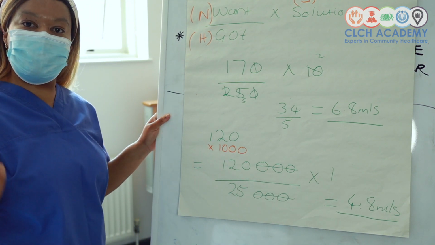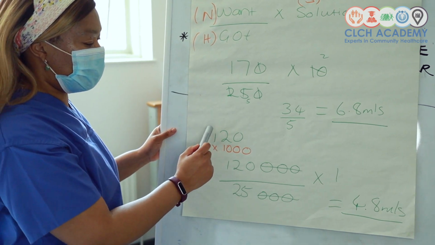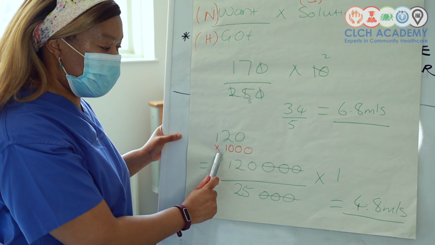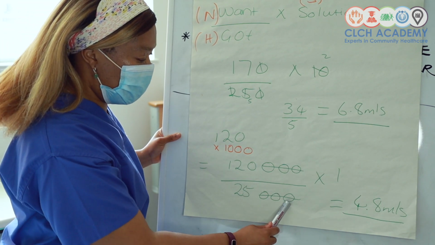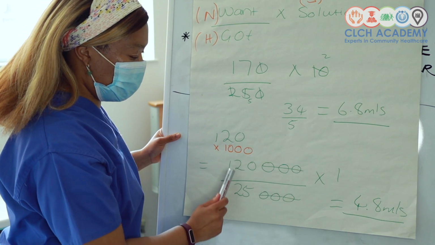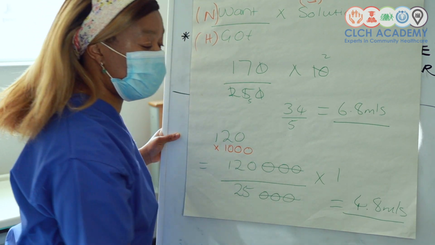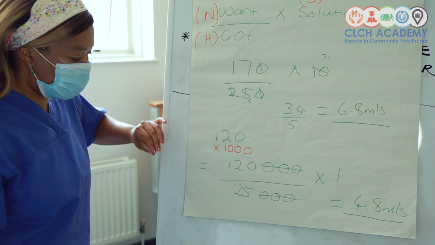Alternatively, if you've been programmed to convert everything to micrograms, then it's basically 120 times 1,000, giving us 120,000 divided by 25,000 micrograms. All we're doing is removing the zeros and dividing 120 by 25, giving us 4.8 mils as the volume that we would administer to the patient.